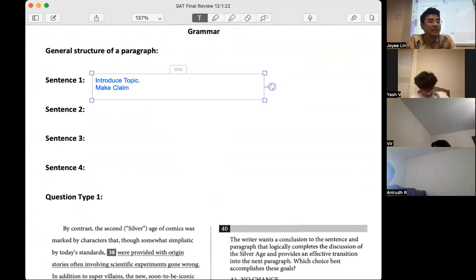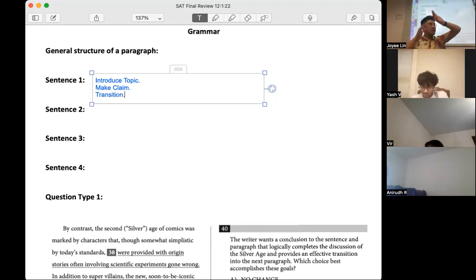If you're in the middle of an essay, like the third body paragraph, you can often transition as well. This is especially important for the grammar section, because a sentence has one end that links to the sentence above it and the other end that links to the sentence below it. This is especially important for sentence placement questions. Think of dominoes: you have to have one end that links up with the one before and one end that links up with the one after it.